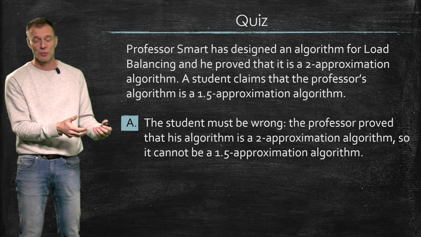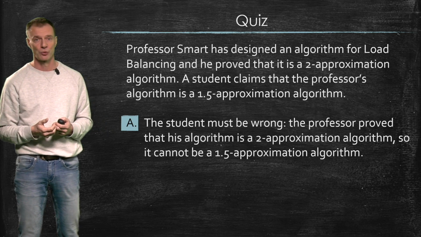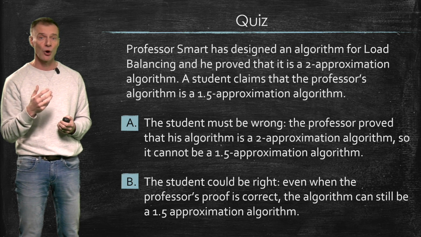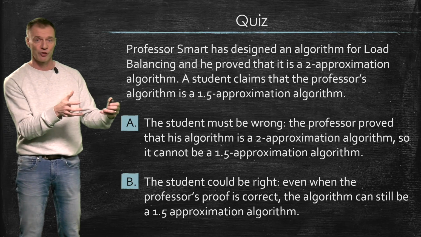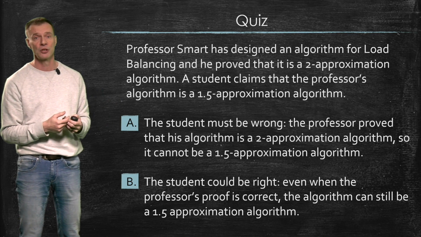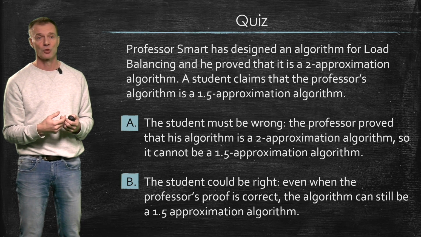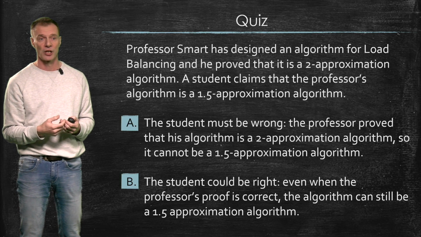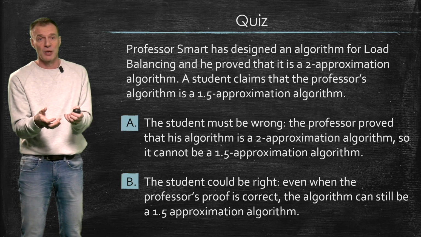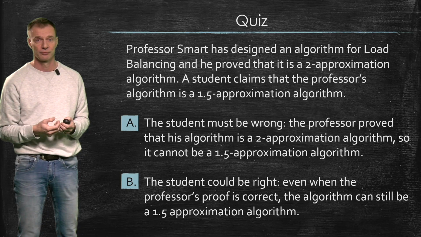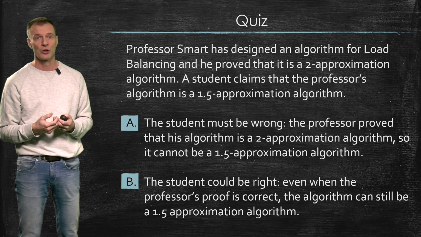Right? If it's a 2 approximation, it cannot be a 1.5 approximation. Or is it maybe the case that both can be right? That the professor has proved it's a 2 approximation, but the student, who claims that it's a 1.5 approximation, is also right. So the algorithm would be at the same time a 2 approximation and a 1.5 approximation algorithm. Think a little bit and try to remember the definition of rho approximation.